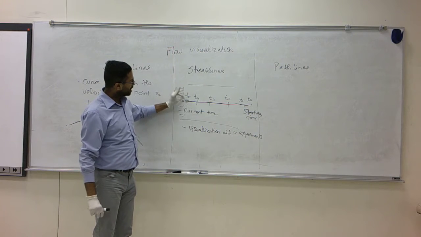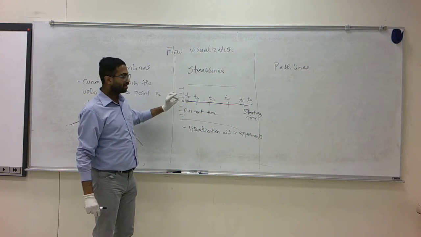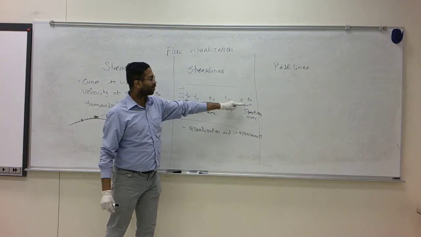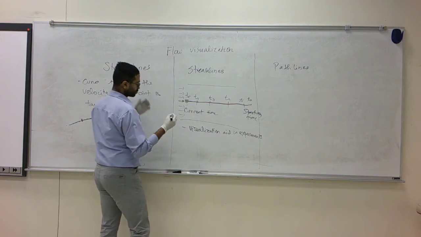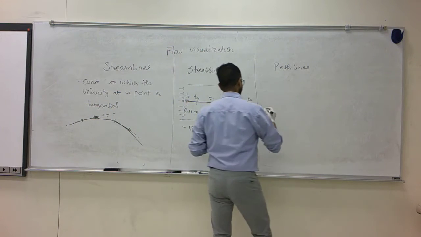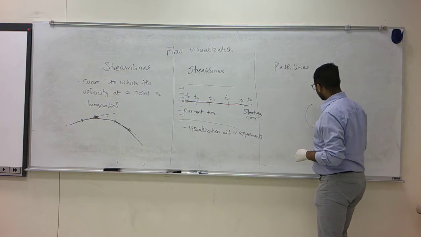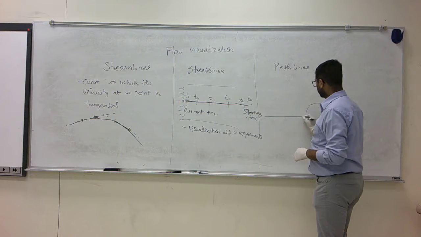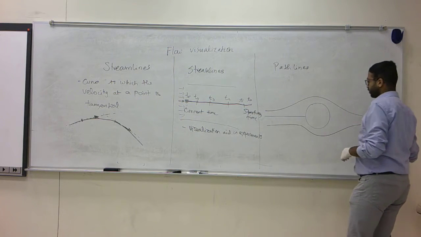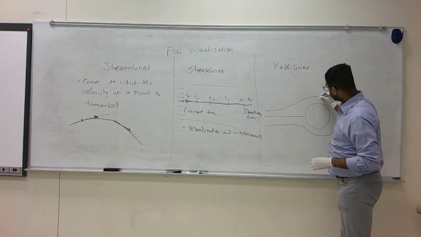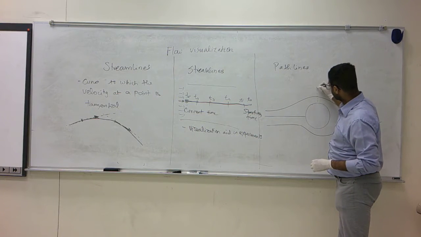All you need to do is keep adding the dye to a specific point, and you get a visualization of all the points that went through this point. Now suppose you have a flow over a sphere, and you inject the dye at this location here.